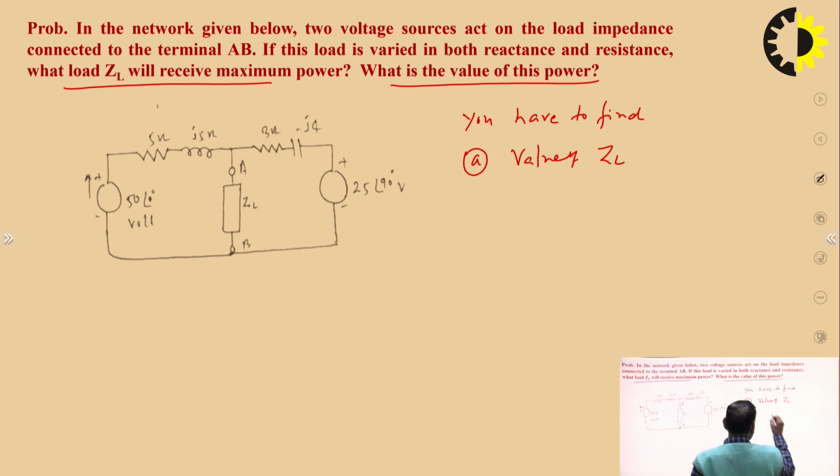So, in the AC circuit, ZL is equal to the complex conjugate of ZTH.